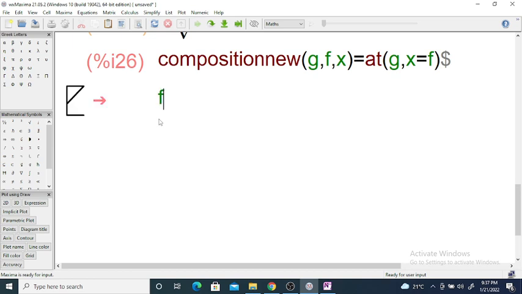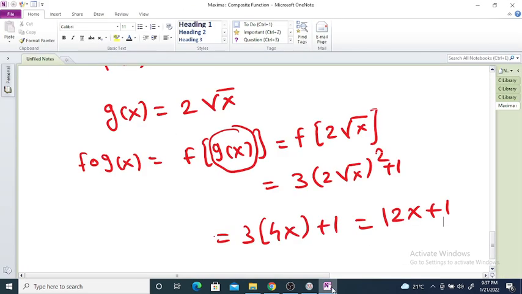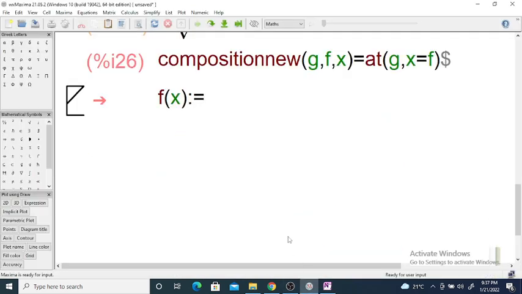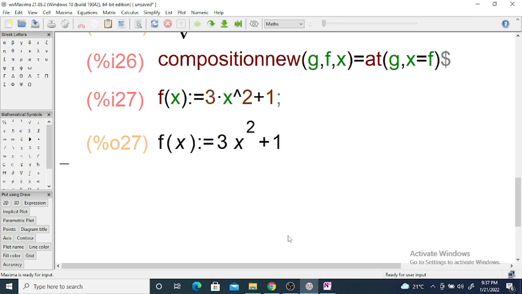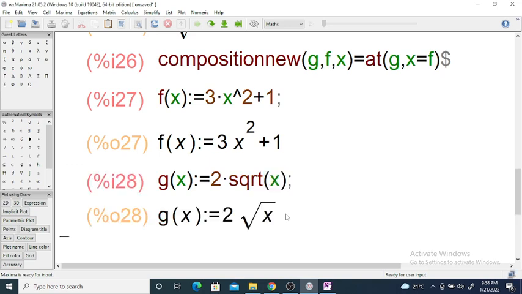Now enter f of x is equal to, what is f of x here? f of x is thrice x square plus 1. So 3 times x square plus 1, and g of x is equal to 2 root x, into square root of x. So g of x is equal to 2 times square root of x.